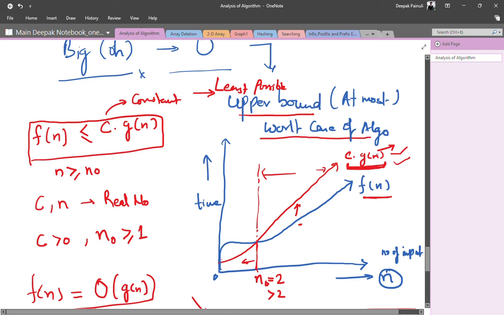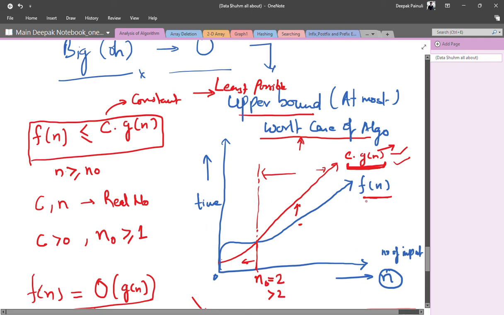So any function which is defining the worst case of an algorithm is simply the statement that this algorithm will take this much time in all possible worst cases. That means this is the highest time it can take on n number of inputs. So this chart is representing the relation between the number of inputs given to the algorithm and the time complexity we have for that particular algorithm.